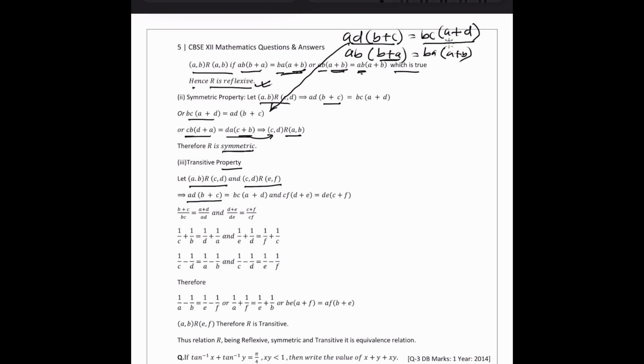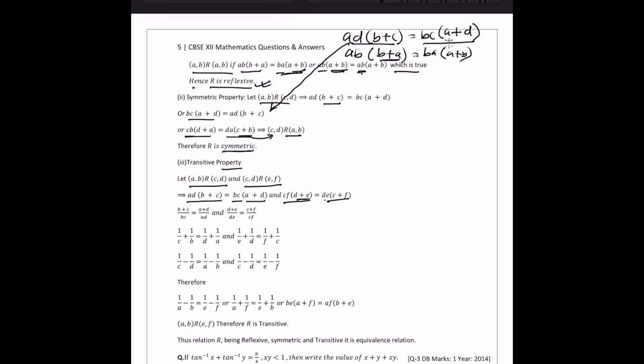AB relation CD is nothing but AD(B plus C) equals BC(A plus D), and CD relation EF gives CF(D plus E) is equal to DE(C plus F).